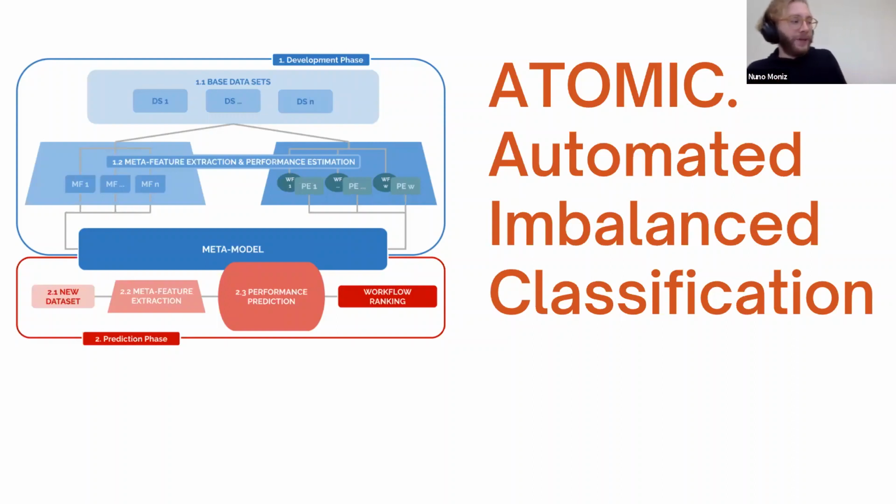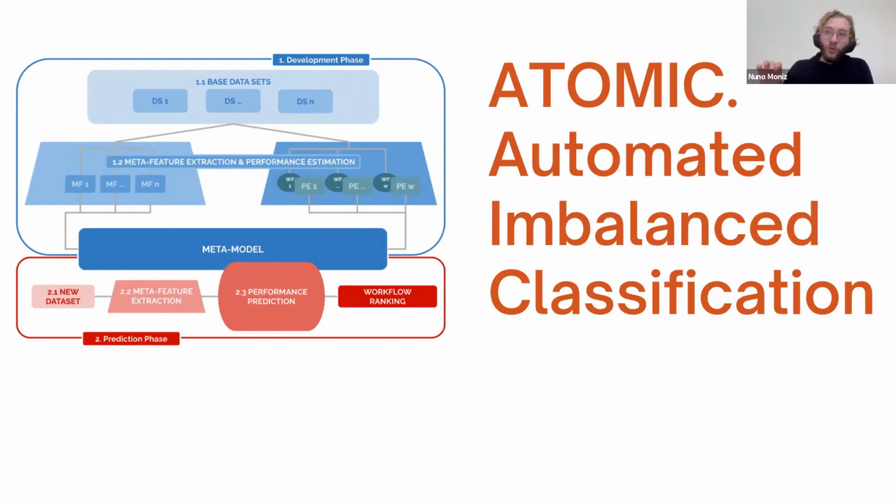We picked 100-plus base data sets. Then we extracted meta-features from them, like data set size, imbalance ratio. I mean, there's a ton of statistics that you can find in the paper. I have the reference at the end.